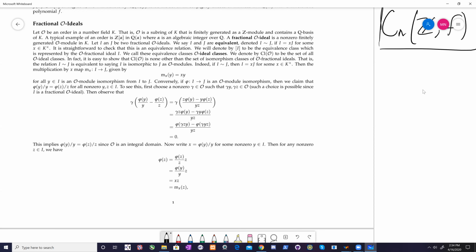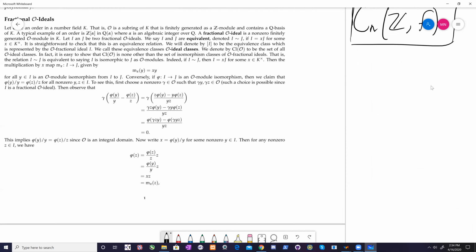A fractional O-ideal is a non-zero finitely generated O-module in K. Let I and J be two fractional O-ideals. We say I and J are equivalent, denoted I ~ J, here without the C, to differentiate it from the matrix equivalence relation. Remember, the conjugacy relation for matrices was denoted with a C there, but for fractional O-ideals, I'm just going to put a tilde, like that.